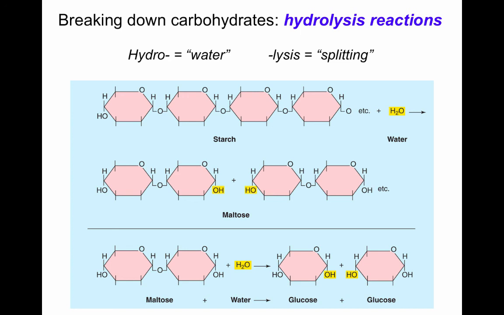So we're splitting an organic molecule into 2 using water. And those 2 types of reactions that we just went over, dehydration synthesis and hydrolysis, those are the 2 core reactions that are responsible for building up large, complex organic molecules and for breaking down large, complex organic molecules.